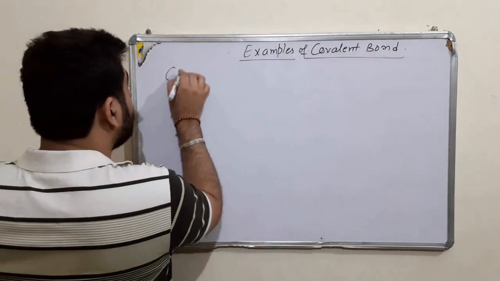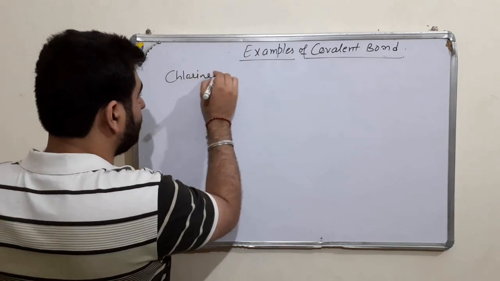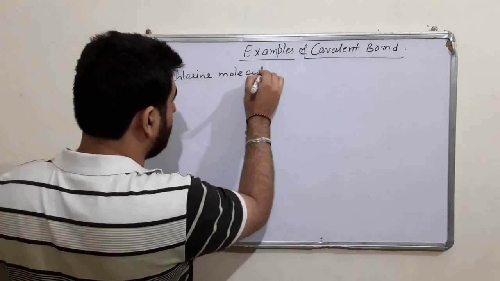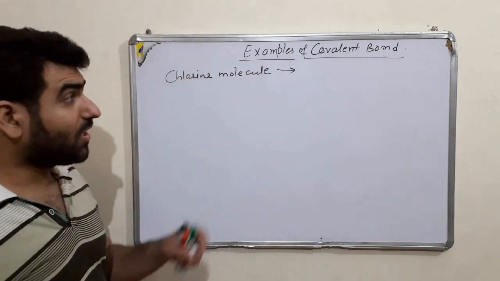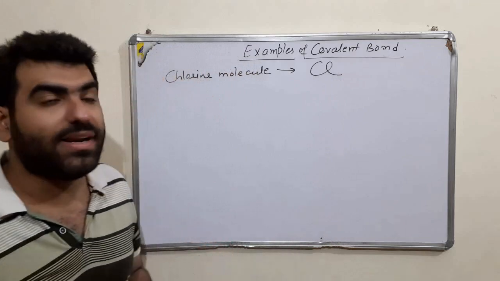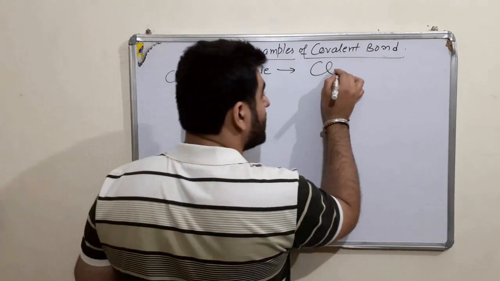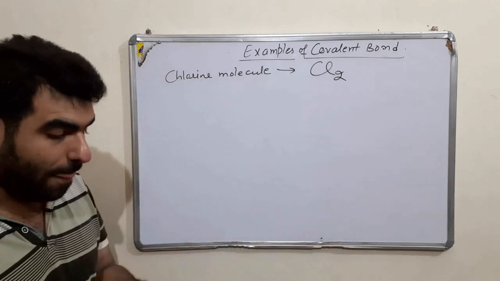Let it be the chlorine molecule. We know that chlorine can never be written in its monoatomic form. It is always present as Cl2.